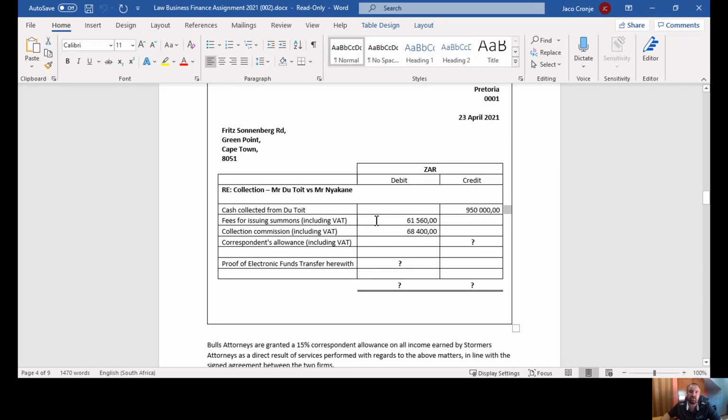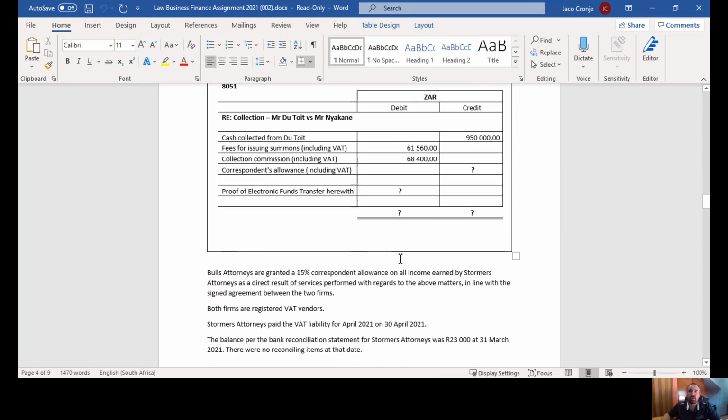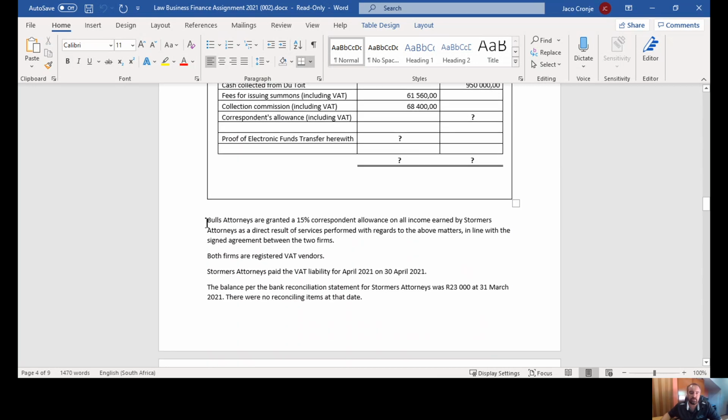Then from that, we are going to deduct our fees for issuing a summons and our collection commission. Okay, but now there's a correspondent allowance. So we must first go and read how much that correspondent allowance is before we can complete those two question marks there. So let's just go and have a read through this. It says Bulls Attorneys are granted a 15% correspondent allowance.